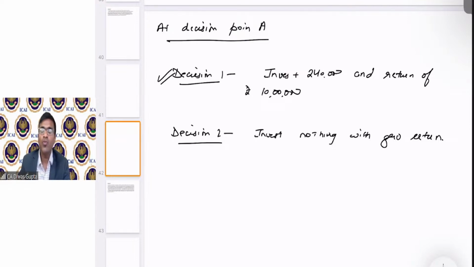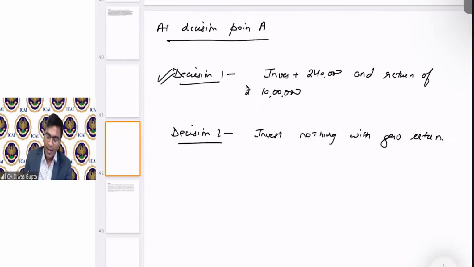Because by investing 240, you have two chances, right? 50% chance you will succeed, 50% chance you will fail. And if you succeed further, you have to decide whether you want to invest another 20 to get a 4 lakh per annum perpetual amount. And in case you fail, you have a decision to be made on whether you will invest another 12 lakh to get 1 lakh rupees per annum.